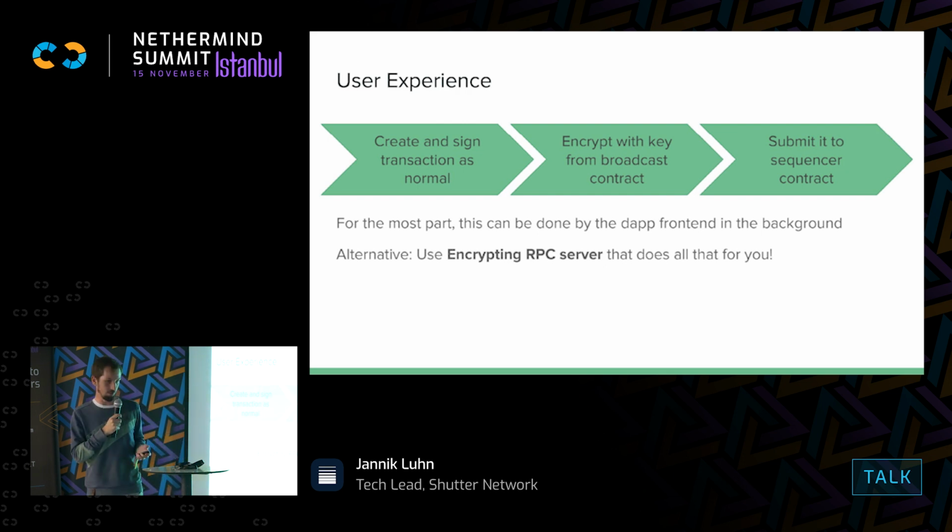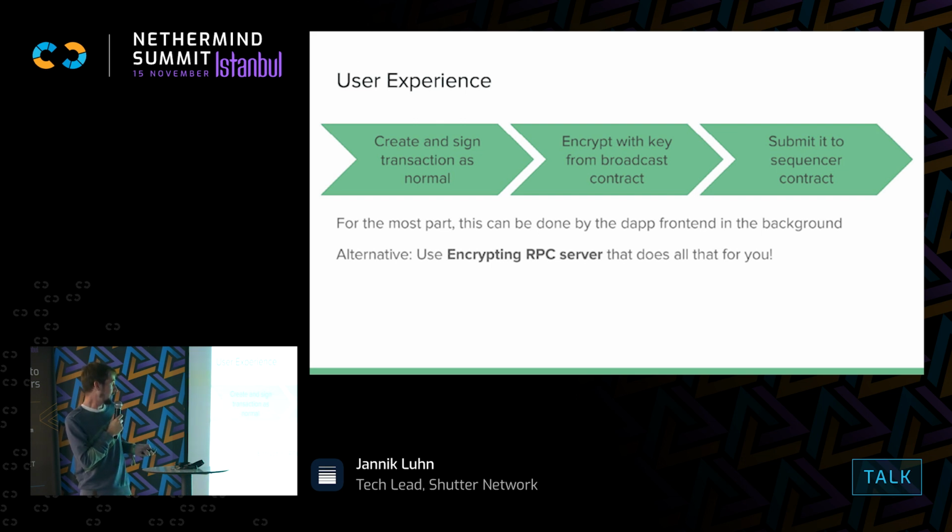User experience. That's another thing we want to keep as simple as possible. For normal transactions, nothing changes. Users will still be able to send plain text transactions as they do now. But if they want to use this additional feature of encrypted transactions that will be front-running protected and more censorship resistant, they start off by creating and signing transactions as normal.